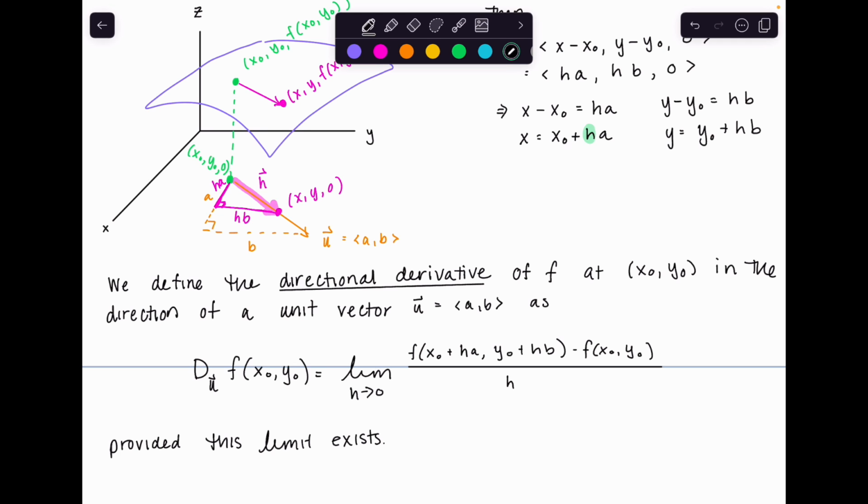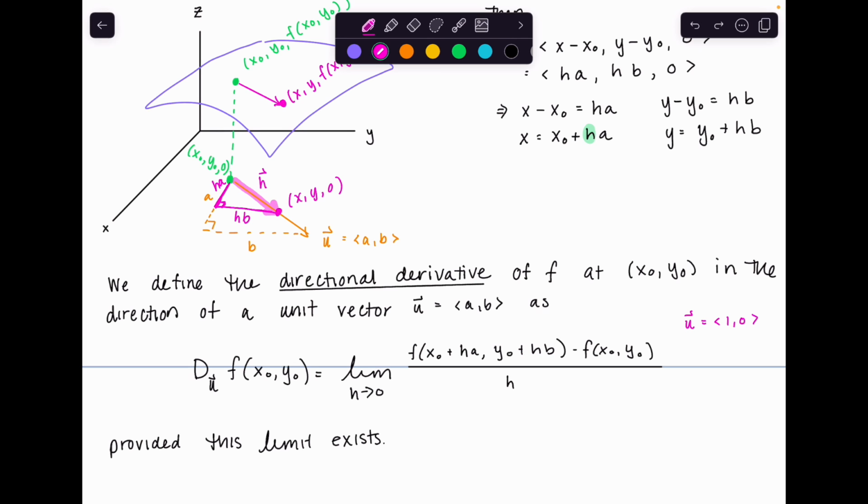So this is the formal definition for the directional derivative. However, in practice, you definitely cannot compute this. It would be very difficult and tedious to go through. So in the case that the direction vector is not i or j, because all that would do, just to show you, if our vector u was 1, 0, that would be i. So this would be gone, and then this would just be h, exactly our partial derivative with respect to x.